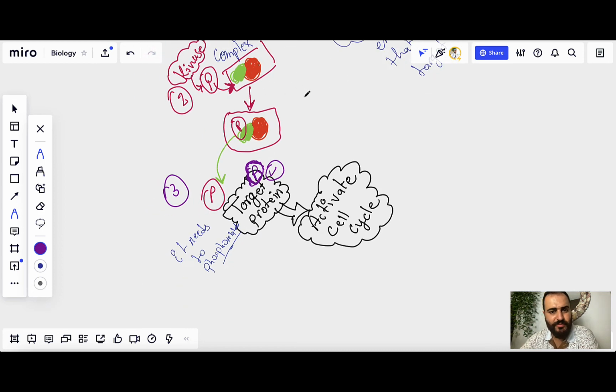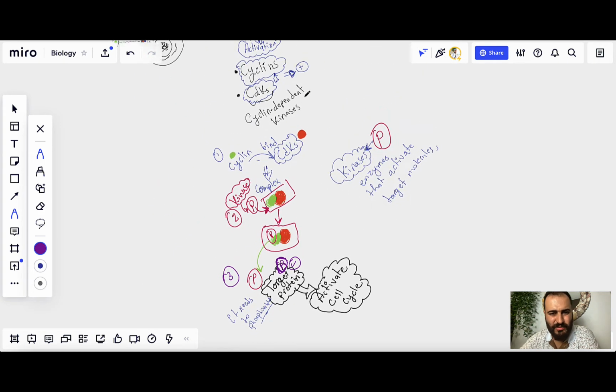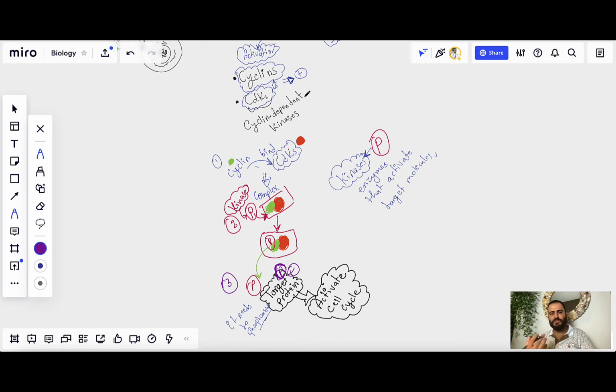Now, some of you might say, okay, why is this so complicated? Why the control of the cell cycle? And it's not only like that. There are other reactions in the body. We call them metabolic pathways, where many reactions happen: step 1, step 2, step 3. Why is it not simply one step? This is very important because if this reaction happens in only one step, there is a high chance that controlling it might be very difficult. Having different steps, controlling can happen at different levels.